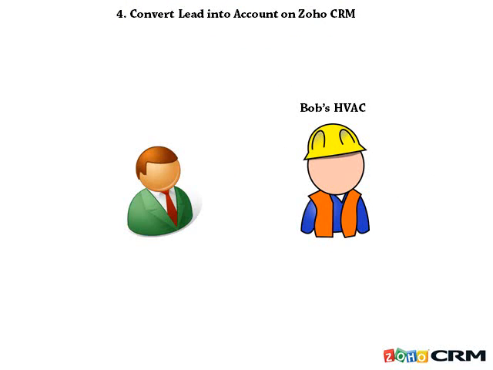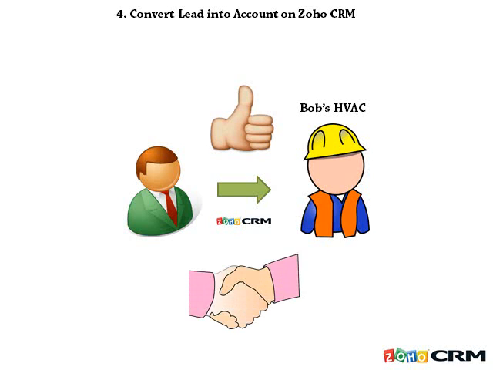At this point in time, you as a Spirit promoter have reached out to Bob of Bob's HVAC. You followed the proper procedures by entering Bob's information into Zoho CRM and honored the 72-hour rule. You've come to an agreement with Bob to offer the Federal Housing Administration Power Saver program, and now would like to move forward to convert Bob from a lead into an account.